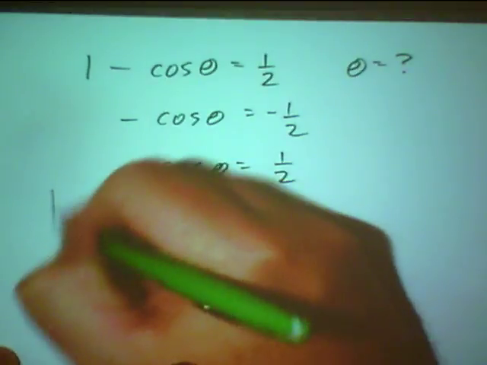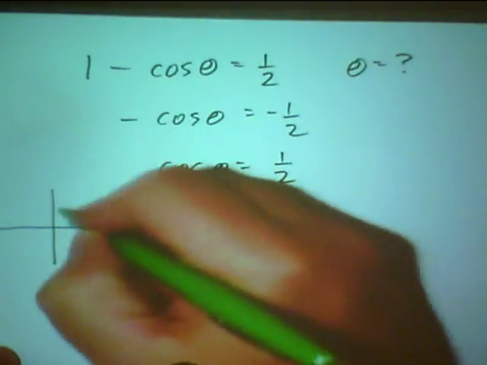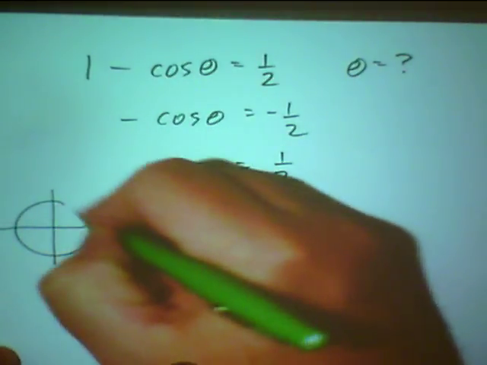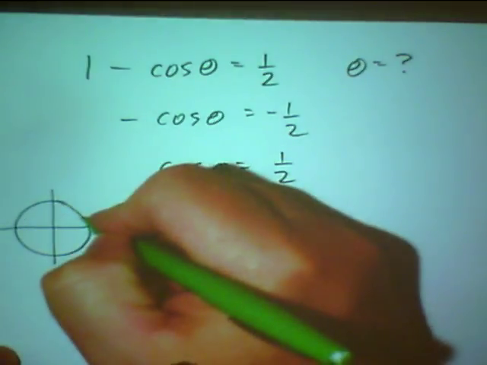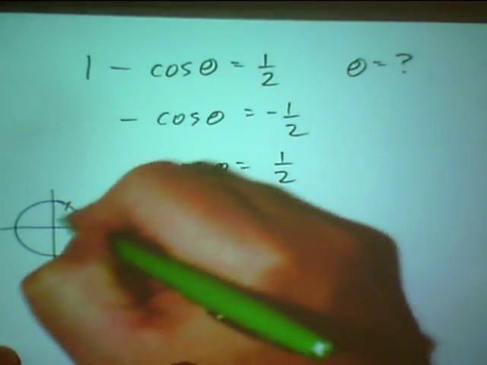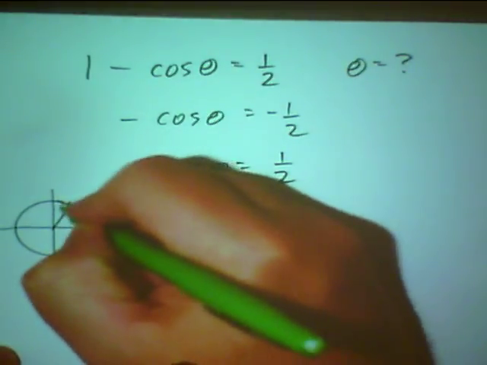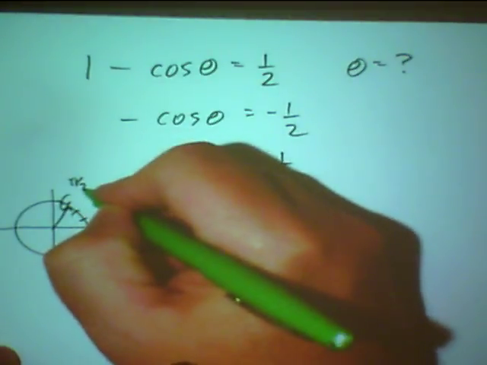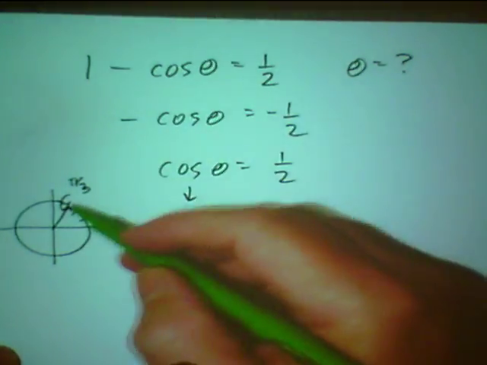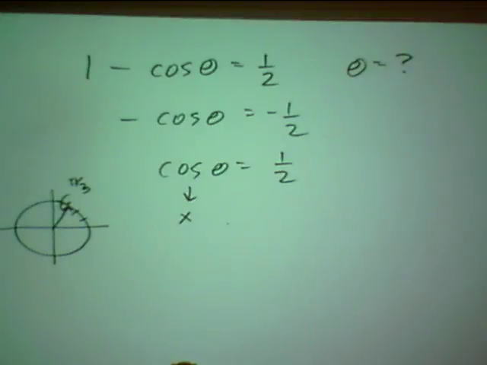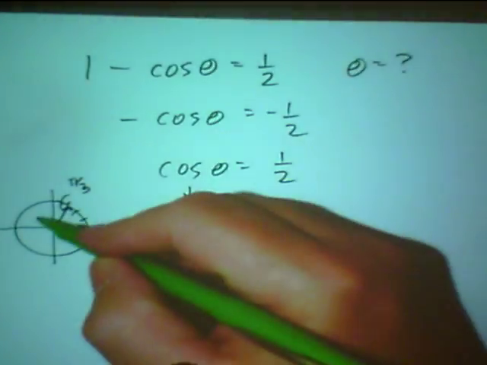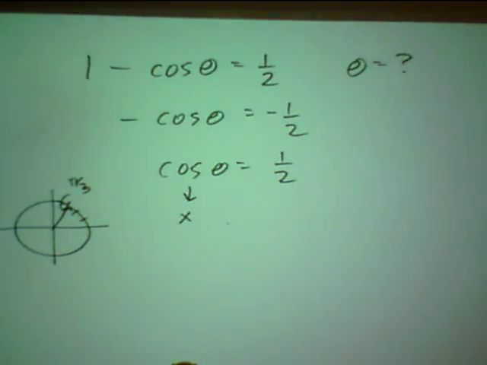This is where you have to really memorize the unit circle. I know my 3 points here, and that point right there, which is pi over 3, has an x coordinate of 1/2. Now in quadrants 2 and 3, the cosines of those angles are negative, since I'm looking at the x coordinate.